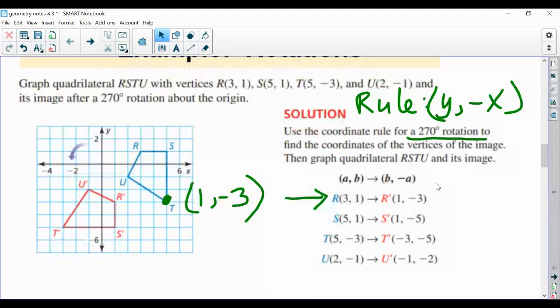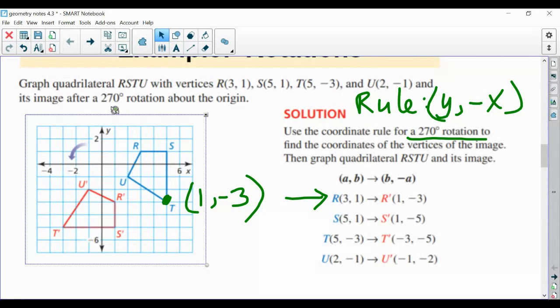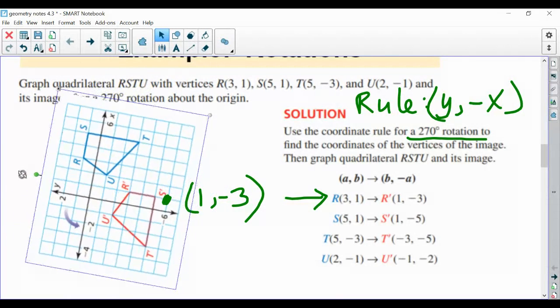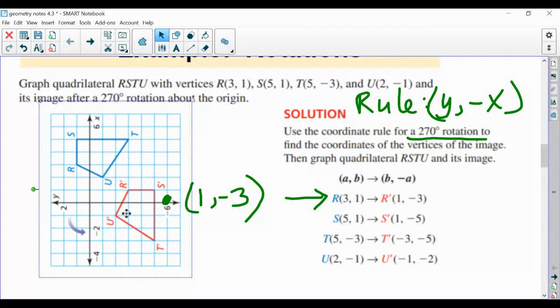I did give you an example of a rotation and how it looks. So this figure got rotated 270 degrees. Watch when I turn the graph. Watch this green dot up here at the top, and I'm going to go in a counterclockwise direction. When I turn it sideways, the x-axis went from here to here.